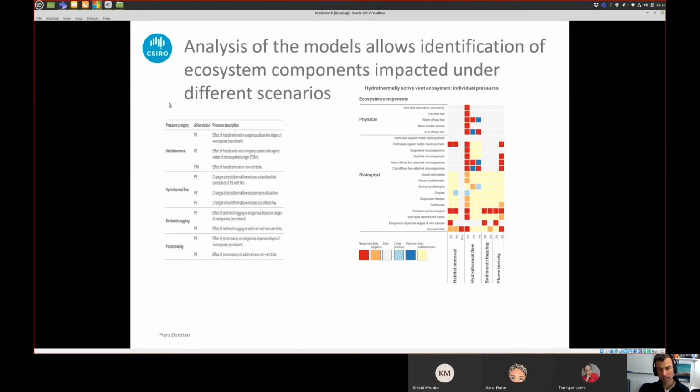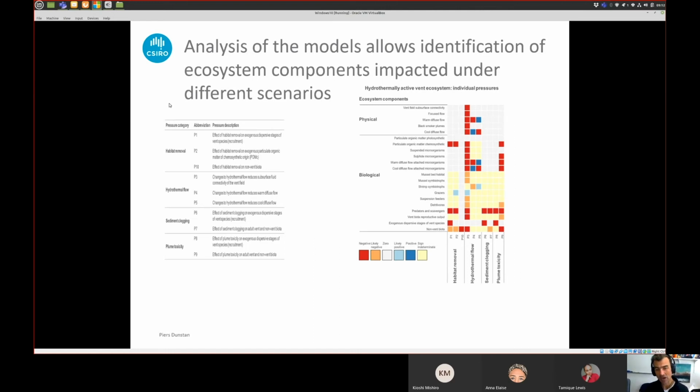From that system, what we can do is put in a number of different pressures coming into the system that identify where and how the system will change. And we can do this by looking at single pressures, so a single thing happening. So for example, the effect of habitat removal, the effect of changing hydrothermal flow, the effect of sediment clogging, or the effect of plume toxicity, and how it actually influences any one part of the ecosystem.